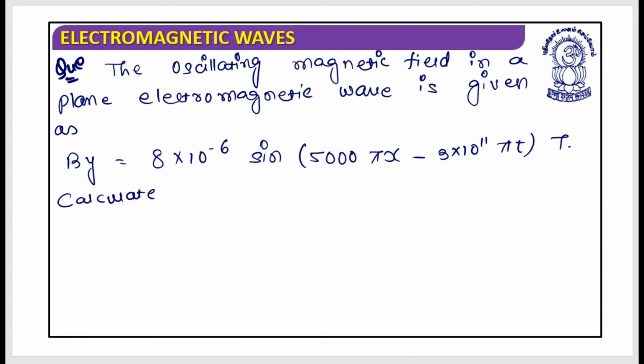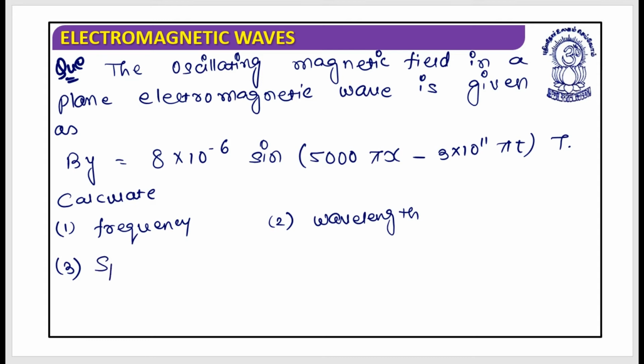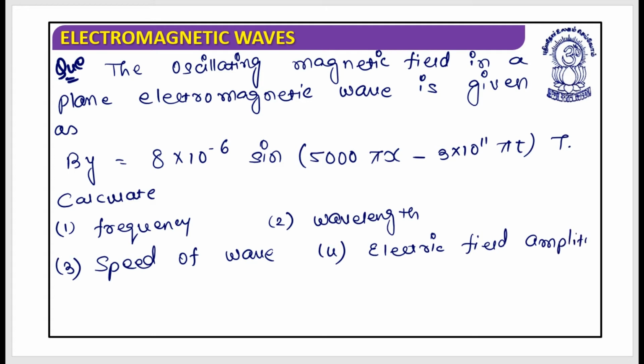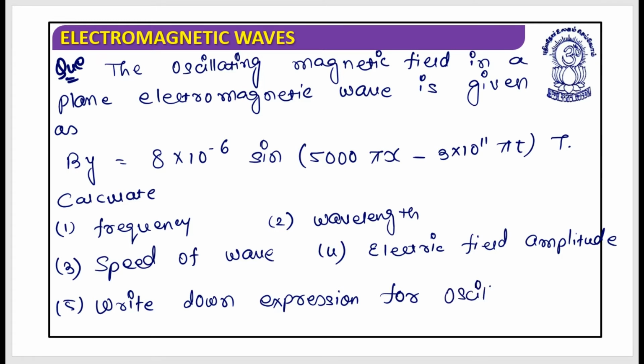Calculate first the frequency, second the wavelength, third the speed of the wave, fourth the electric field amplitude, and next write down the expression for the oscillating electric field.